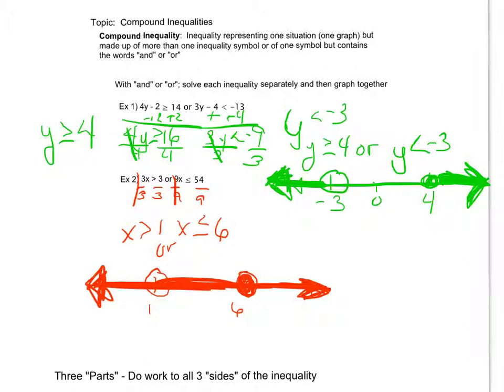It doesn't have to be both. It only has to satisfy one of those expressions. So either everything bigger than 1 or everything less than 6. So what ends up happening is that we get all real numbers for a solution. Any number I plug in is going to satisfy one of these inequalities.